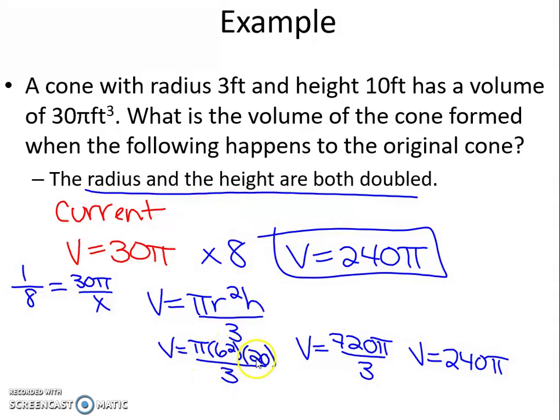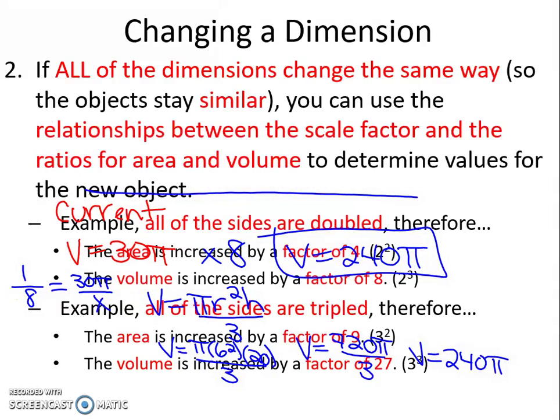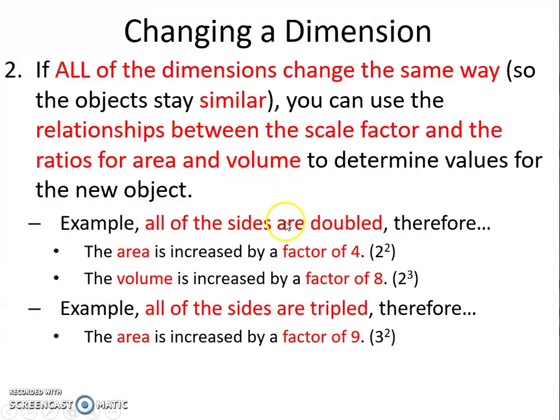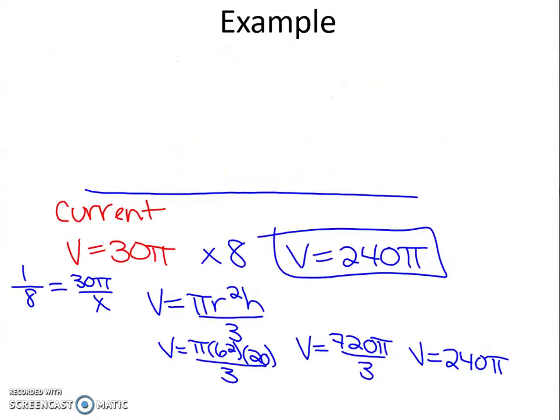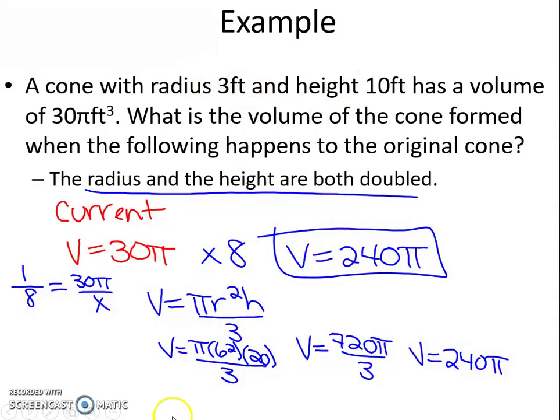If I do the math here, 720 divided by 3 is 240. So it's actually 8 times, which proves this theory, right? If I double the sides, for volume it's going to be 2 to the third, which is 8, because cubed is volume. So you can actually just double it and calculate if you don't remember this. It's the same thing, okay?